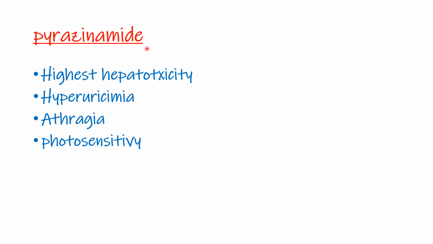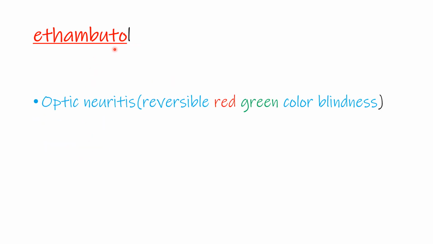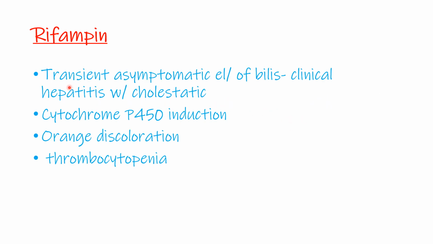Next is pyrazinamide. It's a very essential molecule, which has the highest hepatotoxicity, and causes hyperuricemia. This is because it inhibits secretion of uric acid. It also causes photosensitivity. The next is ethambutol. Ethambutol, just remember red and green, which causes optic neuritis, with reversible red-green color blindness. Rifampin, if you forget about anything, it causes orange coloration of bodily fluids.